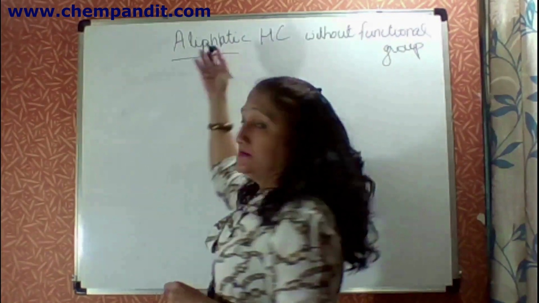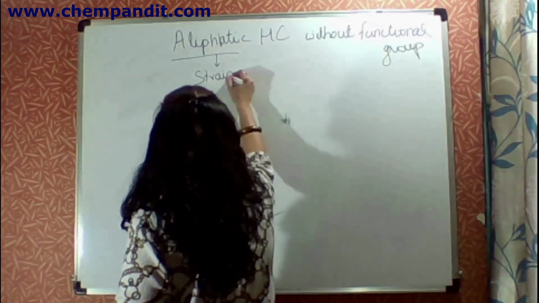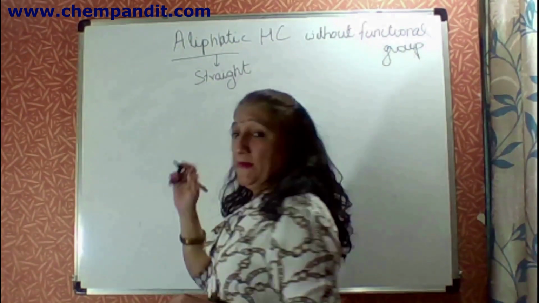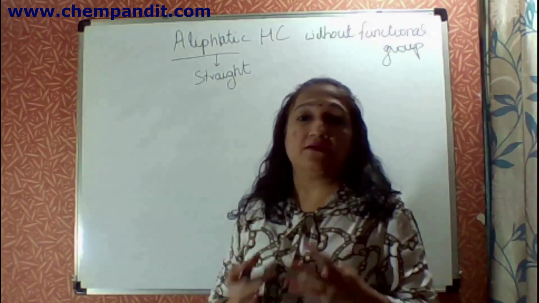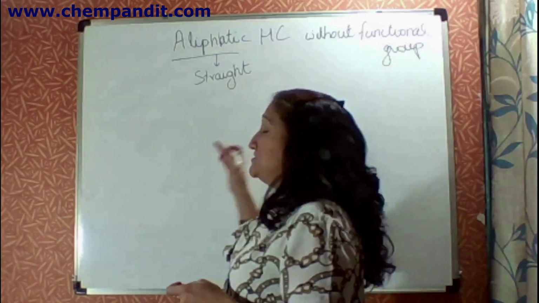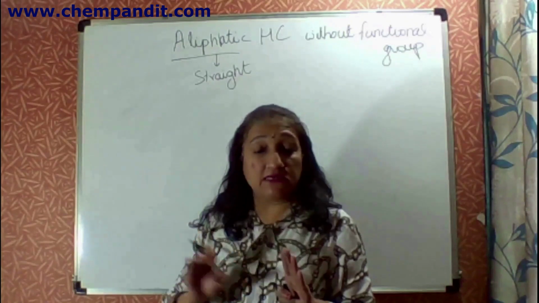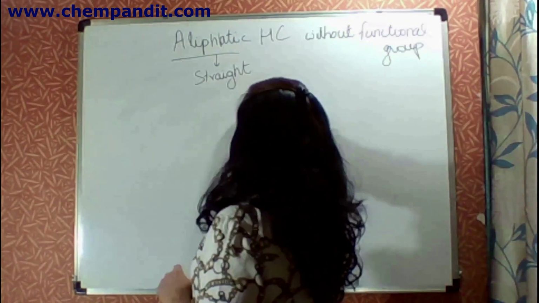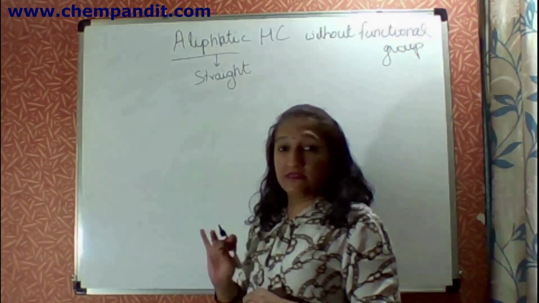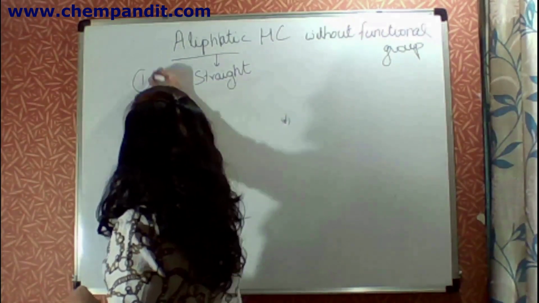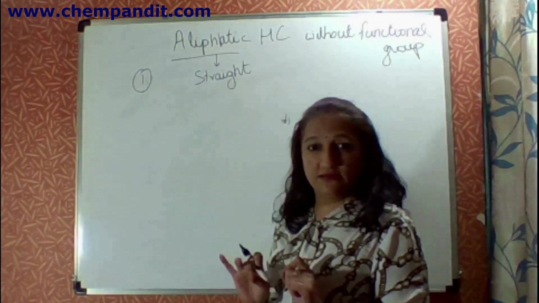Aliphatic hydrocarbon means they may be straight chain, they may be branched, but they are not cyclic compounds. All the compounds which are acyclic, the compounds that do not contain any cycle, are known as aliphatic compounds. So they may be straight chain or they may be branched. Clear? So first we will take straight chain aliphatic hydrocarbons, the most simple ones.